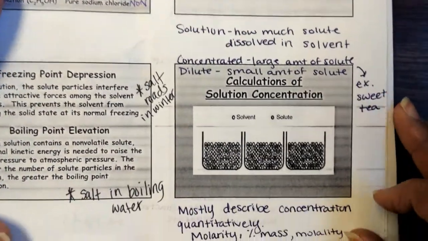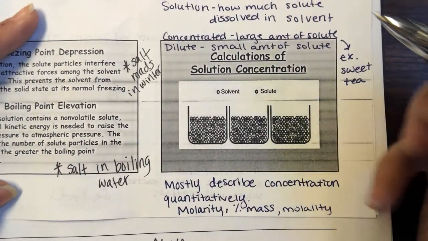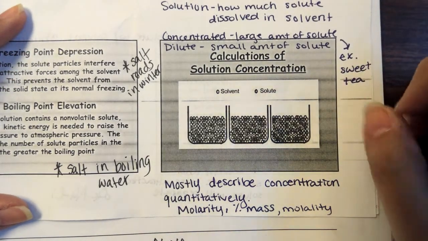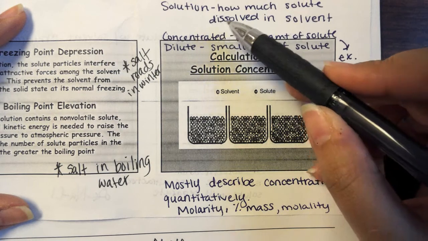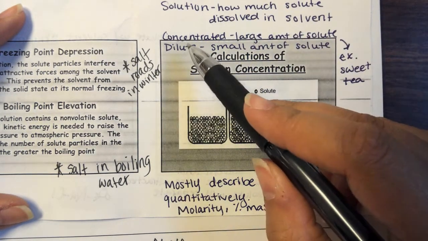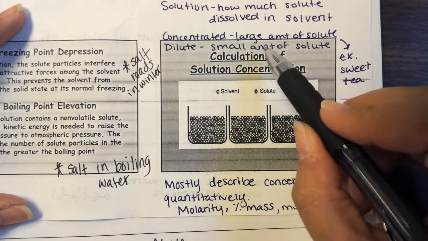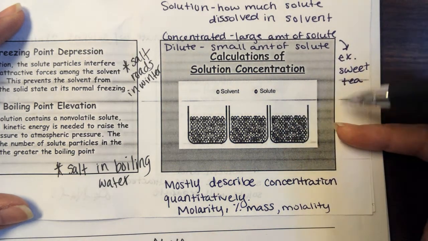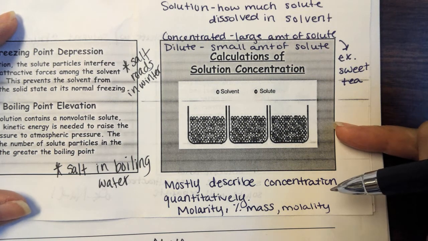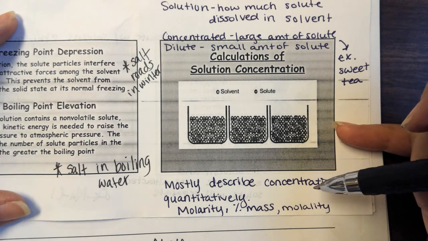Then we get into the overall math of this unit. Remember, a solution is how much solute is dissolved in the solvent. When we say something is concentrated, there's usually a large amount of solute. Like sweet tea: if it's very sweet, it's a high concentration sweet tea, with a high level of sugar within that tea.